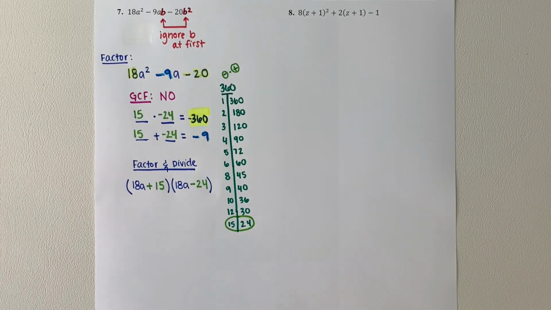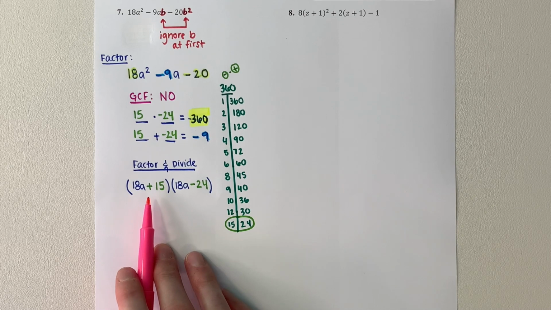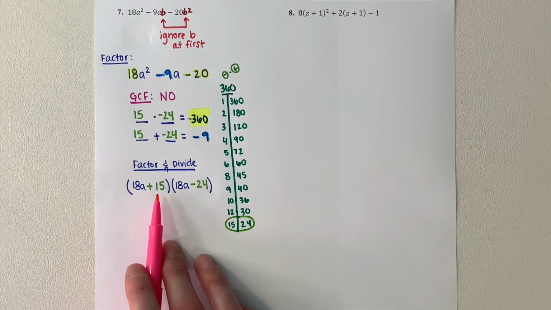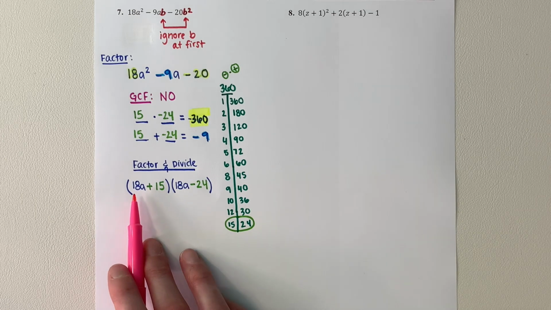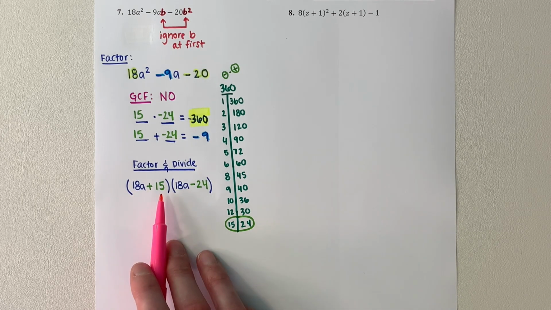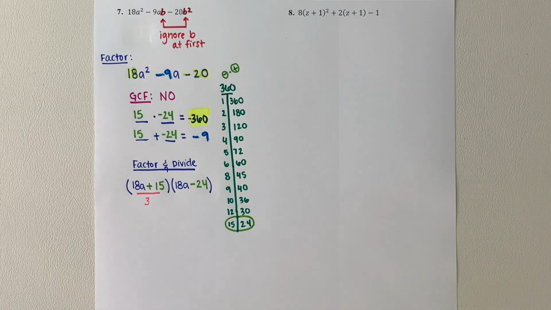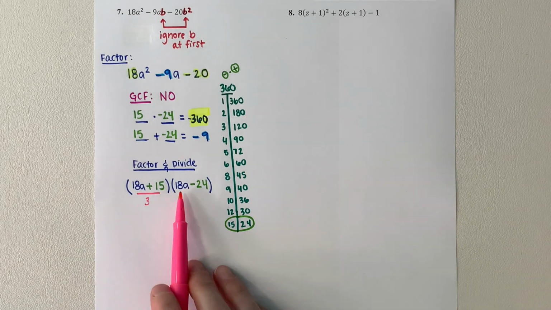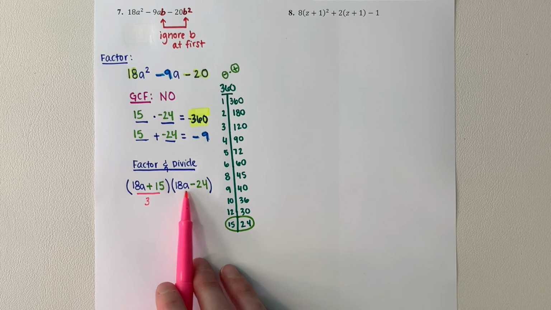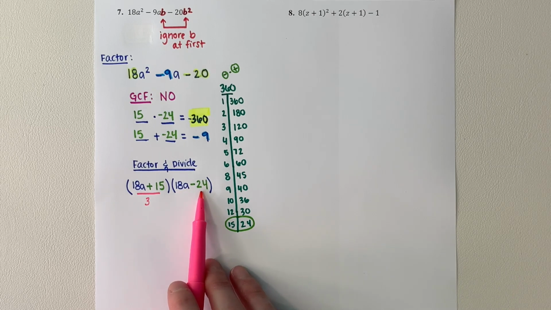So we examine each parenthesis separately, and we divide each parenthesis by its GCF. Let's examine this first parenthesis. The GCF between 18a and 15 is 3. So we're going to divide this parenthesis by the GCF 3. Then let's examine the next parenthesis. The GCF between 18a and 24 is 6.